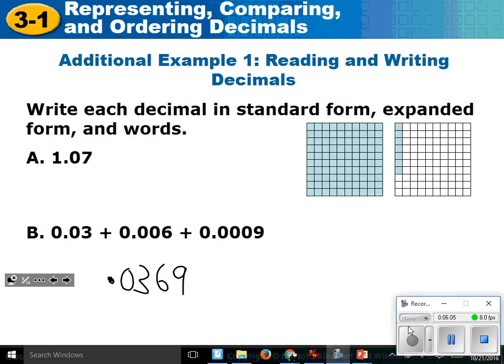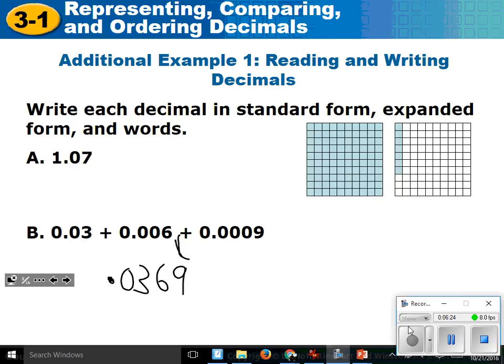No. First of all, what's the place value? What's the last spot here? What is this? What place is this 9 in? 10 thousandths. Okay?